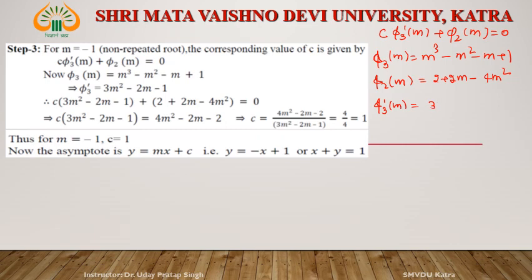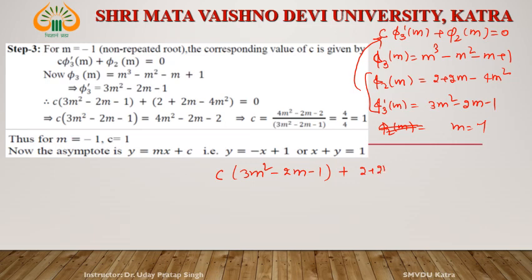This is equal to 3m² − 2m − 1. Now φ₂(m) is the same. Putting these two values here, with m equal to −1, then φ₃'(m) is 3m² − 2m − 1 plus φ₂(m). φ₂(m) is 2 + 2m − 4m², equal to 0.